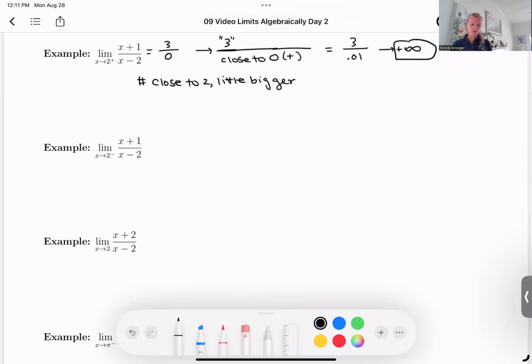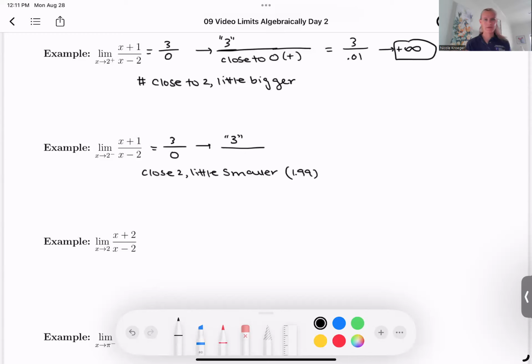We have x approaching 2 from the left. This is actually the same problem, just a left-hand limit. So I'm going to get 3 in the numerator, still going to get 0 in the denominator. So now we plug in a number close to 2, but a little smaller because this is a left-hand limit. So maybe like 1.99. My numerator is still going to essentially be 3. It'll be just a little bit smaller than 3, but that's okay.